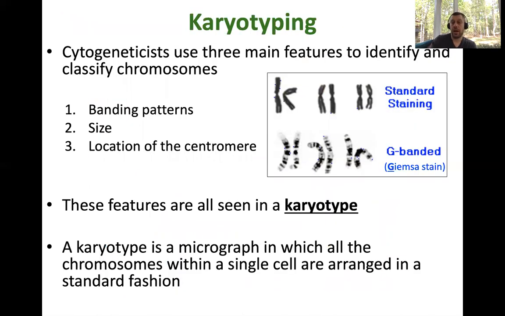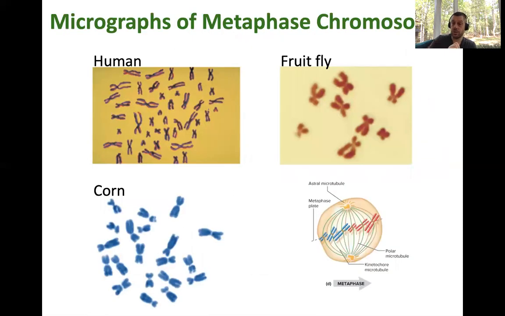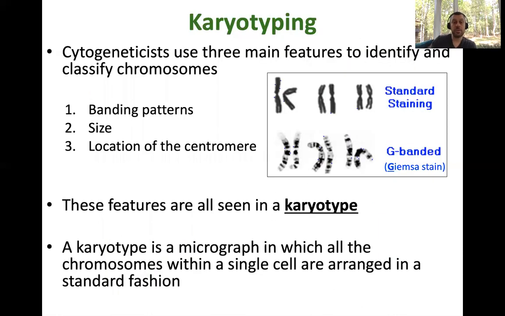A karyotype is essentially what you're seeing in this slide, which is just stained chromosomes from an individual. A karyotype specifically is all the chromosomes from a single cell arranged in a standard way. So it lets you look at your entire genome for that cell under the microscope.